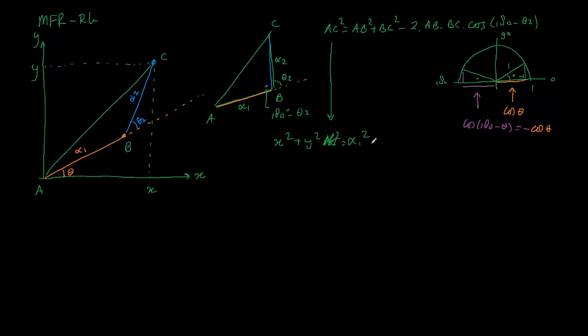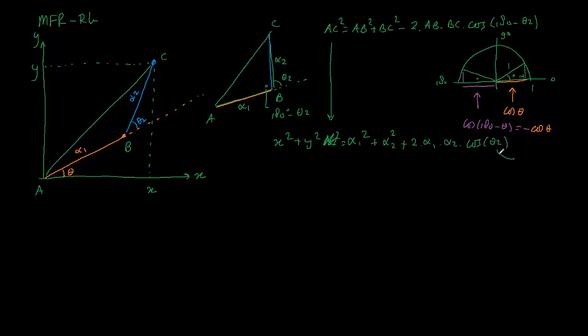Added to that, BC squared is alpha 2 squared, the length of the second robot arm, minus 2 times alpha 1, alpha 2. And here we have the minus cosine, so we put a minus over here. Minus minus gets plus, and we have cosine theta 2.